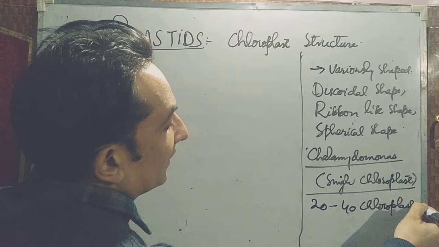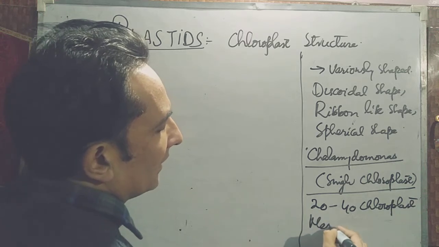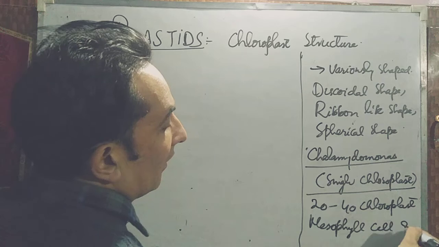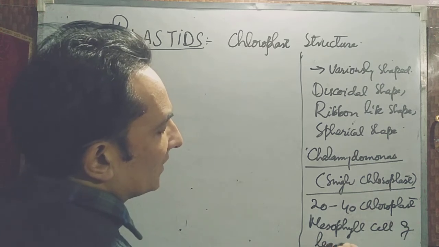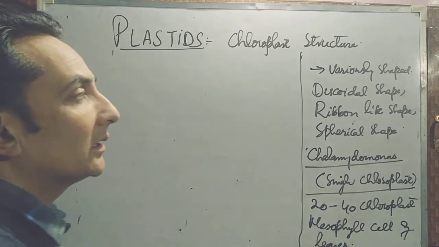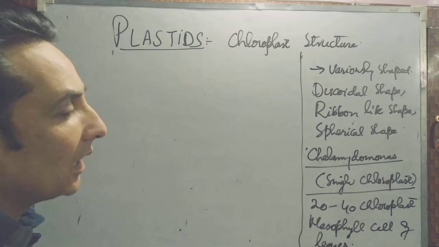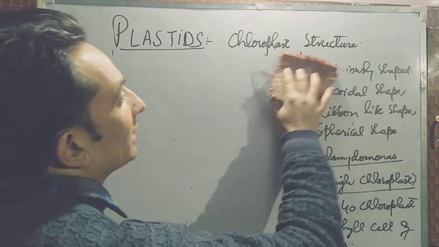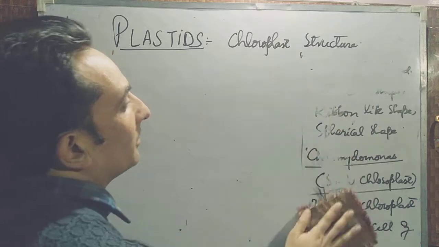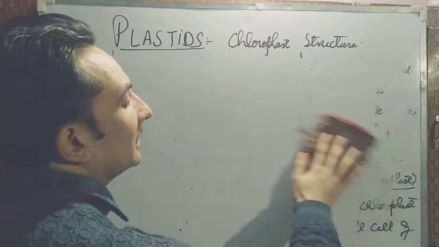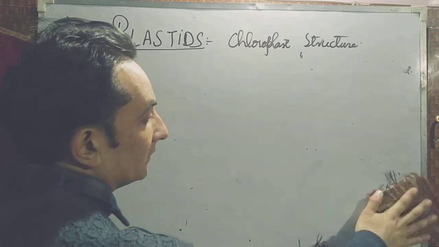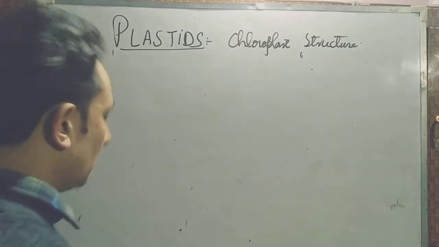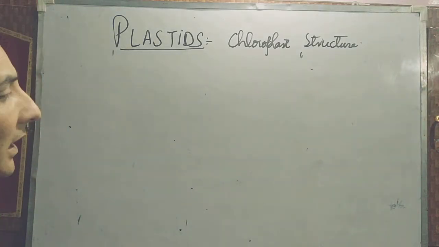So this is brief, general information about the shapes and the number of chloroplasts found in different types of plants. Let's move forward and try to understand the detailed structure of a chloroplast.